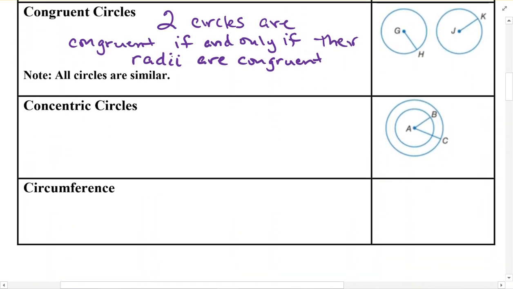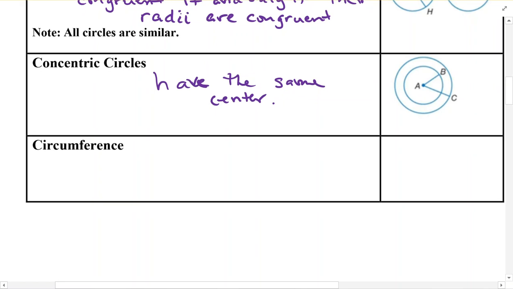Concentric circles are circles that have the same center. And circumference, a lot of you have studied this before, it's the distance around the circle.